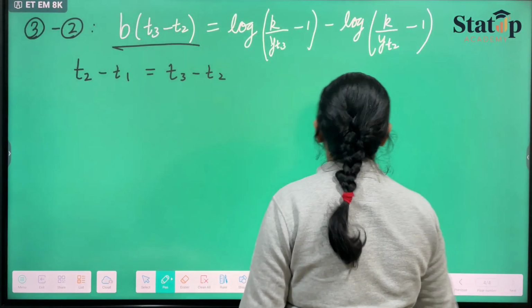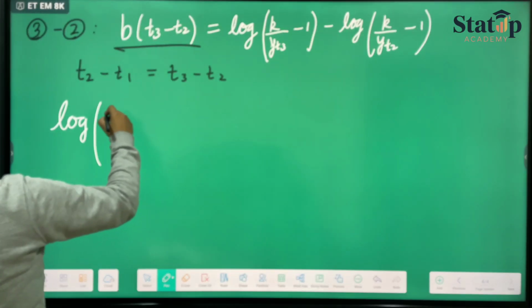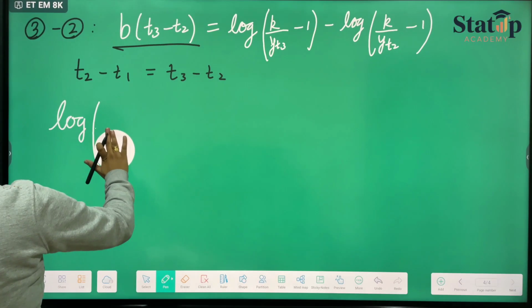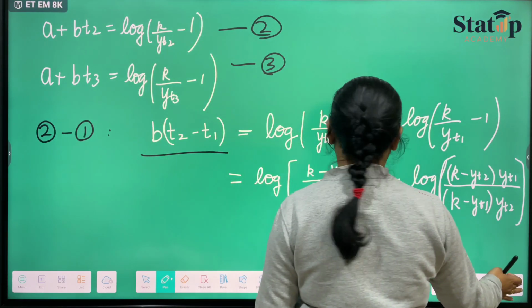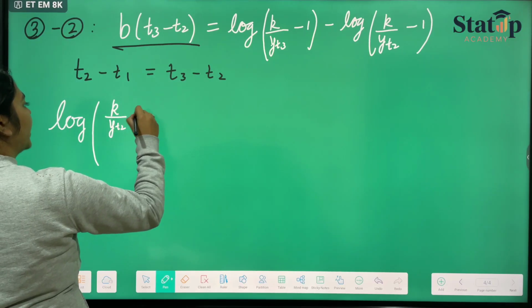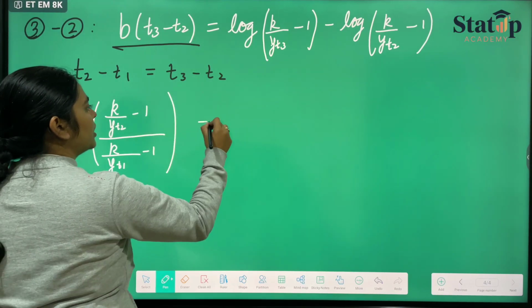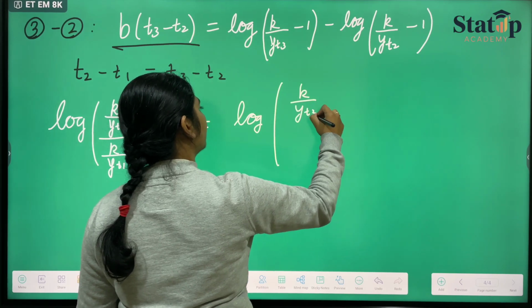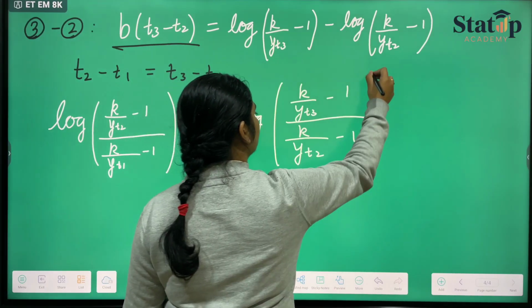So substituting the values, we'll be getting log of k upon yt2 minus 1 upon k upon yt1 minus 1 should be equal to log of k upon yt3 minus 1 upon k upon yt2 minus 1. I'm directly writing the formula that we calculated here.